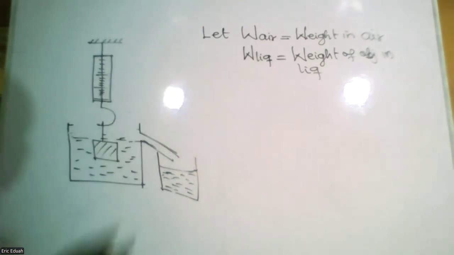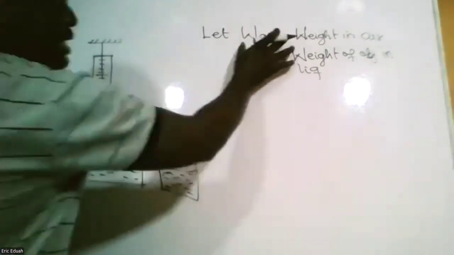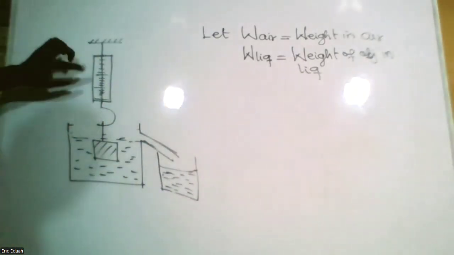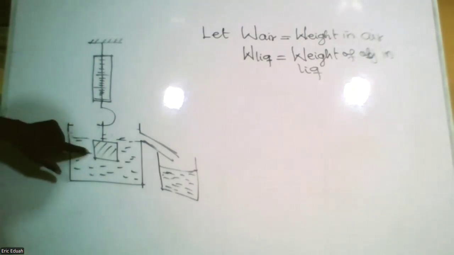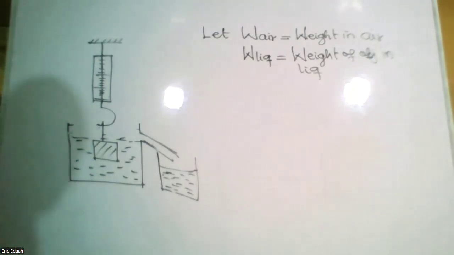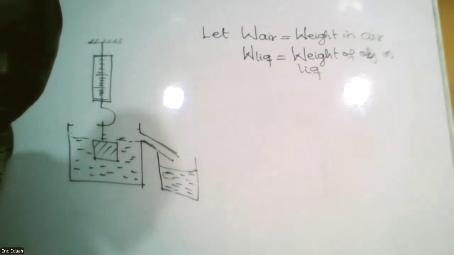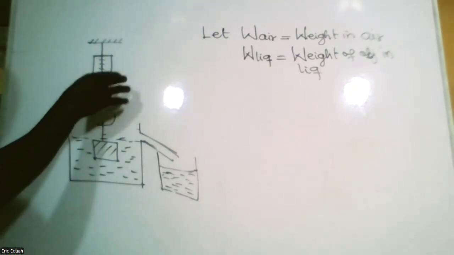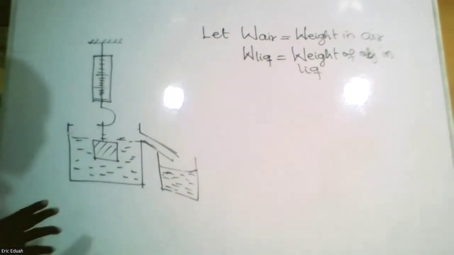Now, after determining this, what you realize is that the weight of the object in liquid recorded by the spring balance will be less than the original weight of the object in air.